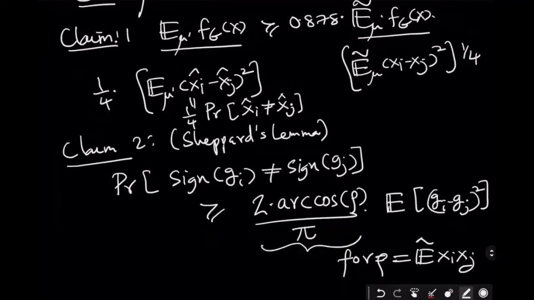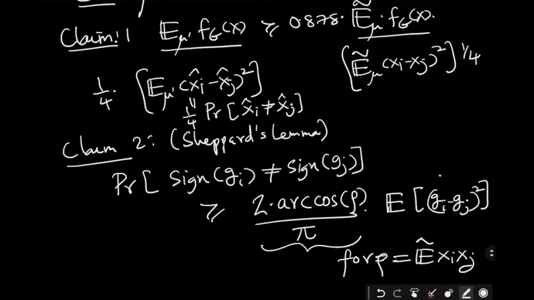It multiplies basically the same thing that appears on the right-hand side of claim 1. So on the right-hand side, the edge ij's contribution to the expectation is going to be E of (g_i minus g_j) squared. Remember, I can write it with Gaussians because the first and second moments of the Gaussians are the same as those of the pseudo distribution mu. And so, I have something that appears on the right-hand side of claim 1.